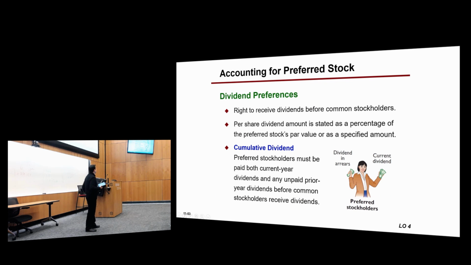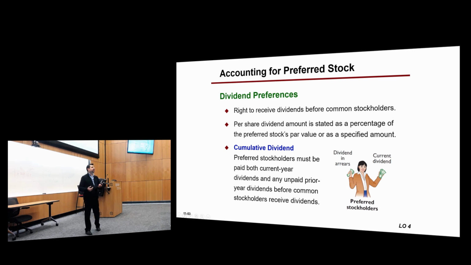Now, we get to dividend preference. Most companies, or at least a lot of companies, use something called cumulative dividend for those preferred stocks. What we mean by cumulative dividend is that if there were any dividends from previous years that were not declared and paid last year, they will accumulate.